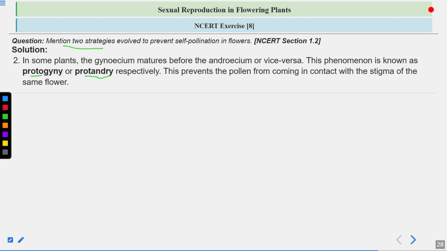So in this way, they prevent the self-pollination. Protogyny: the gynoecium matures earlier and the androecium matures later. So again, they are discouraging the self-pollination in this way. So this prevents the pollen from coming in contact with the stigma of the same flower, right? So these are the two different mechanisms by which the flower evolves itself and prevents the self-pollination in the flower.